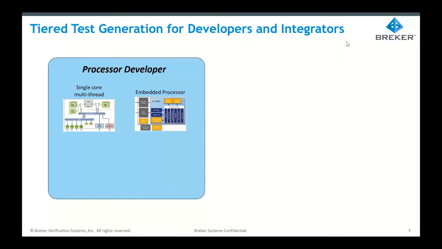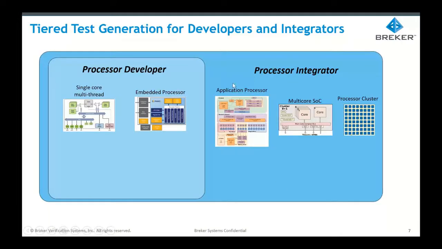So if you're designing a RISC-V, you might fall into two different categories. You might be a processor developer, where you're defining some simple core or some simple embedded processor that you're going to put in the design. Or you might be designing a big application processor or even a multi-core SoC.